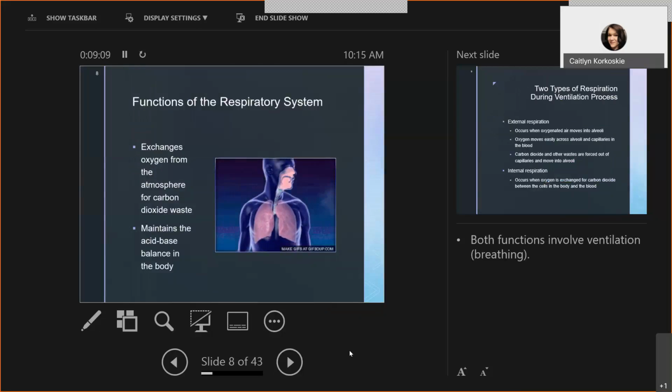Okay. So of course, the function of the respiratory system is to exchange oxygen from the atmosphere and then release the carbon dioxide that is the waste after we absorb the oxygen. It also helps to maintain the pH balance, or acid base, in our body. It is filtering out the toxins we have in the air.